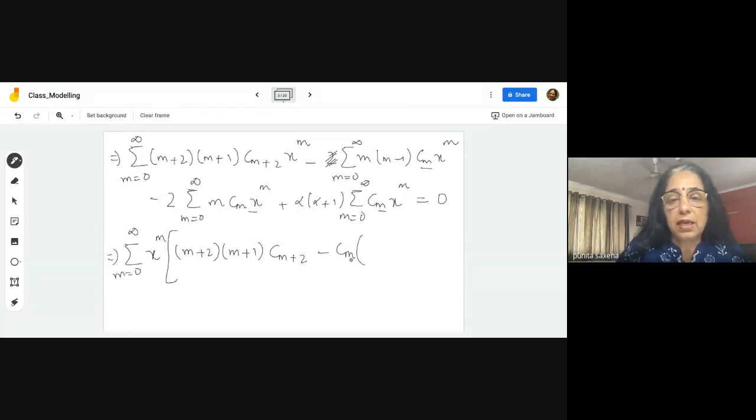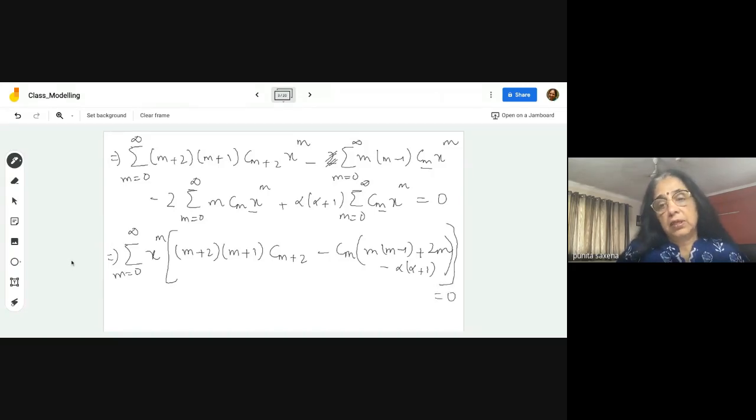So I can take cm common from there. Minus cm I have taken common. So it will be m minus 1 plus 2m minus alpha into alpha plus 1. This bracket and then this bracket equated to 0. Is this okay?